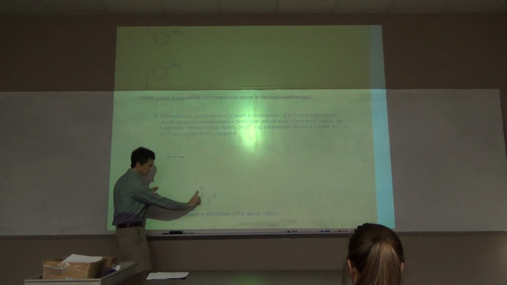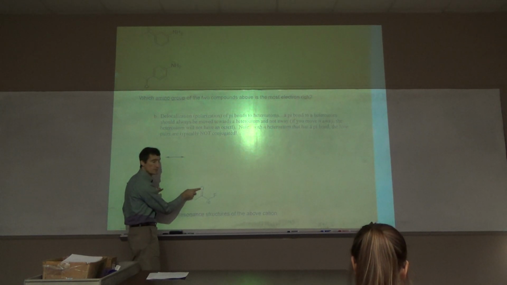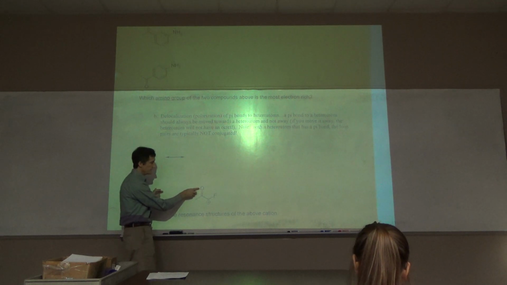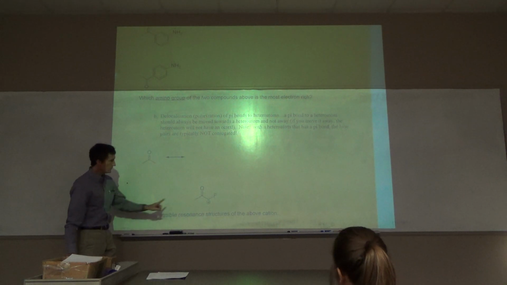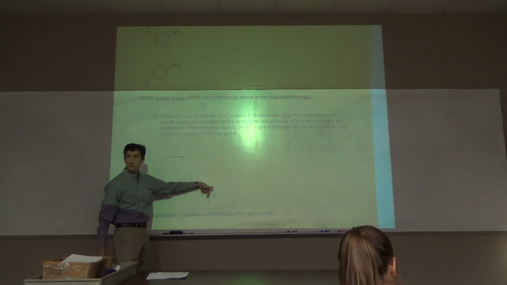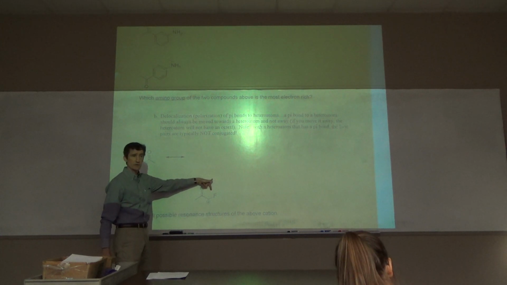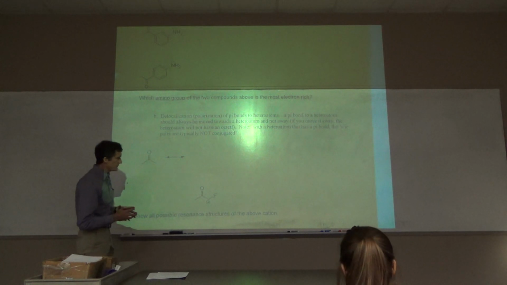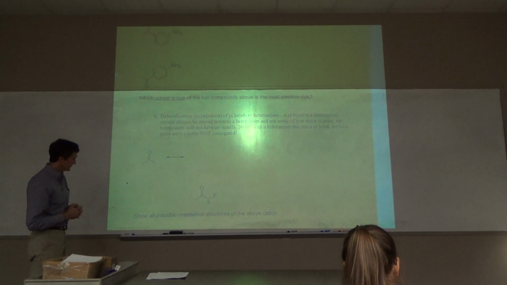Importantly, we're not going to be able to move this pi bond over because we would never leave this oxygen here without an octet. So only one resonance structure of this, and the one resonance structure we drew with the double bond to fluorine, positive on fluorine, that was a major resonance structure. So the hybrid would look more like that particular structure.